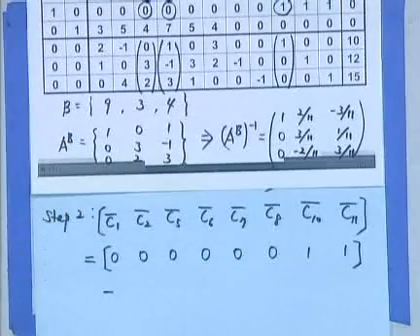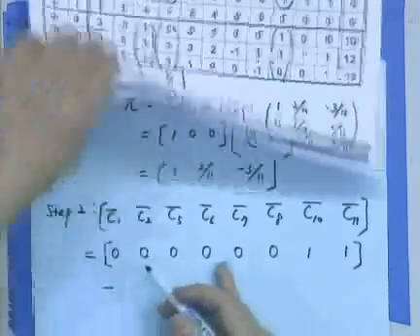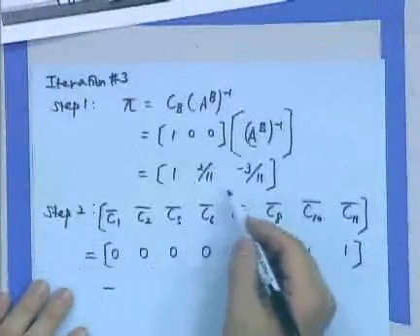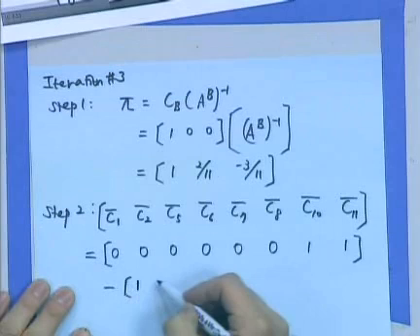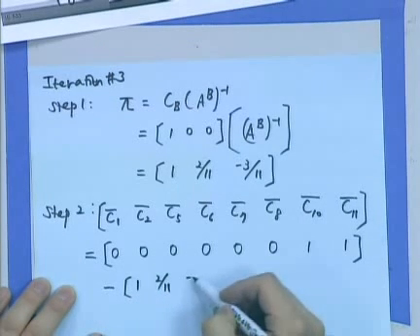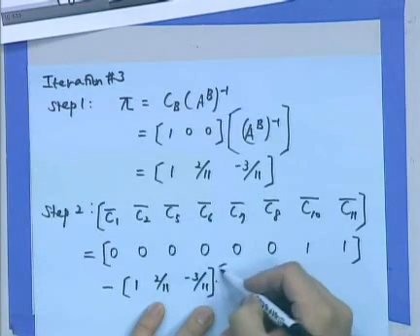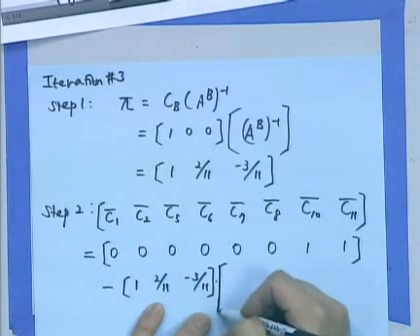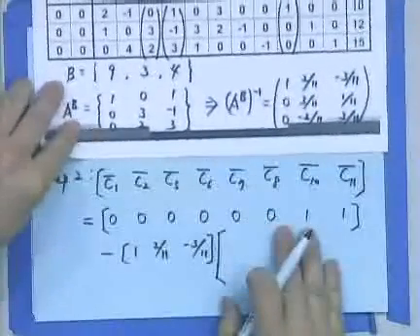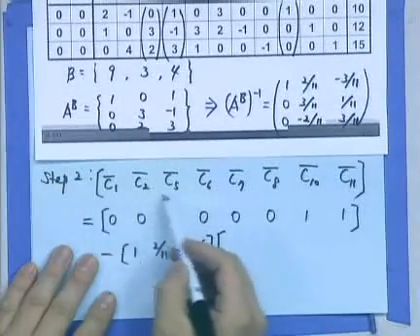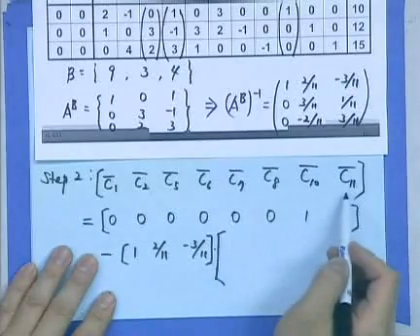Minus the simplex multiplier vector, which is this, 1, 2/11, negative 3/11, times the constraint coefficients corresponding to all these non-basic variables, right?